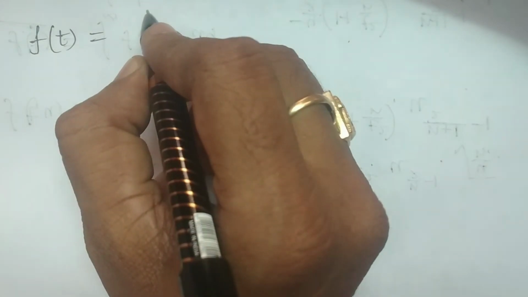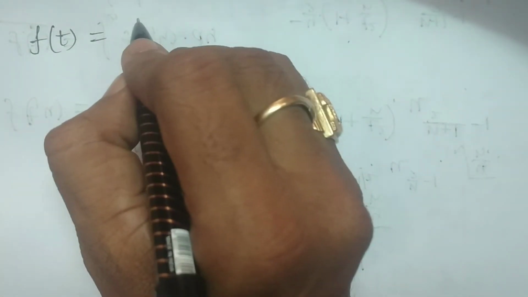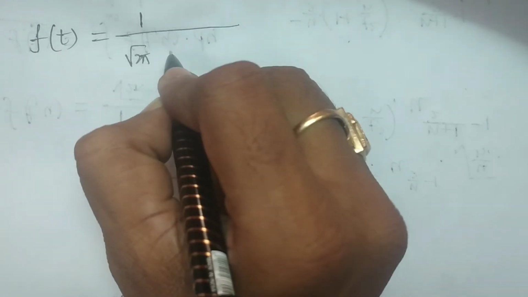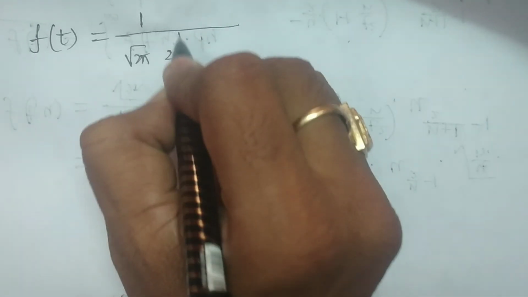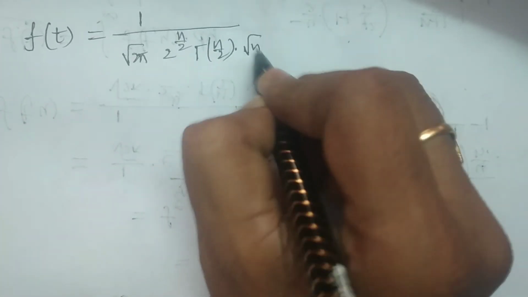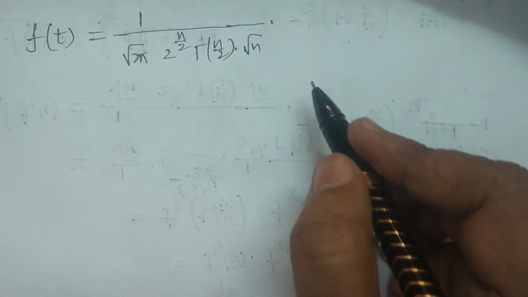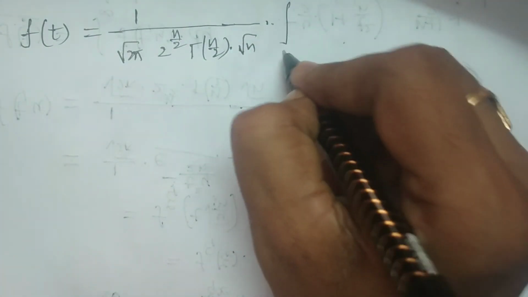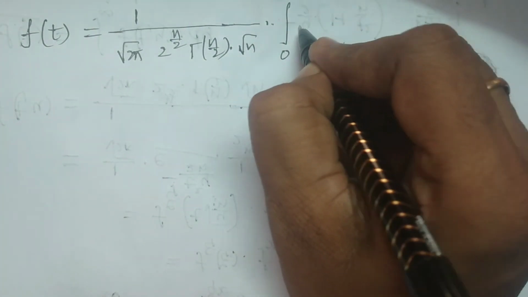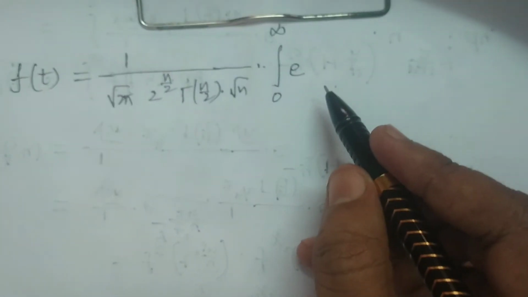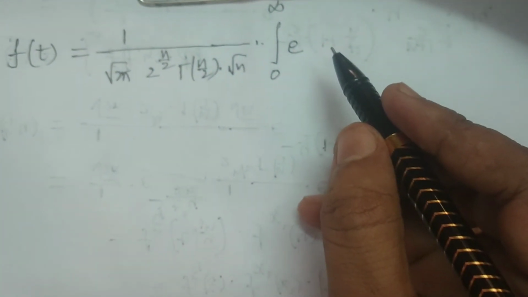I have taken all the constants outside first: 1 by root 2 pi, 2 power n by 2, gamma n by 2 and root n. For the remaining part, the integral from 0 to infinity, I will now apply the gamma integral with two parameters.